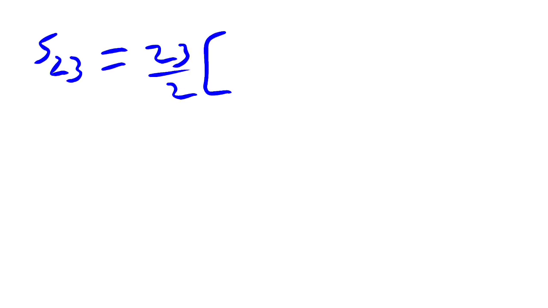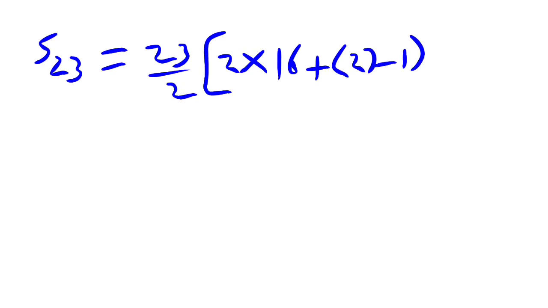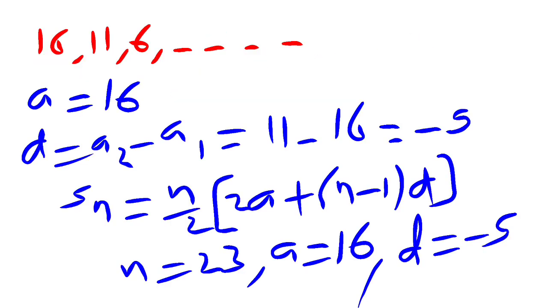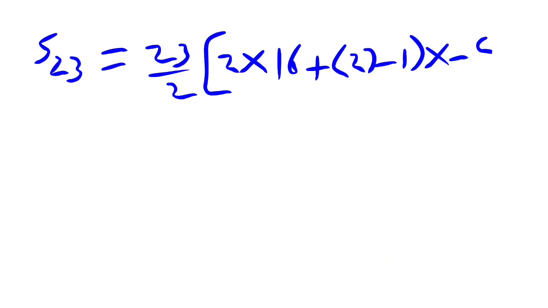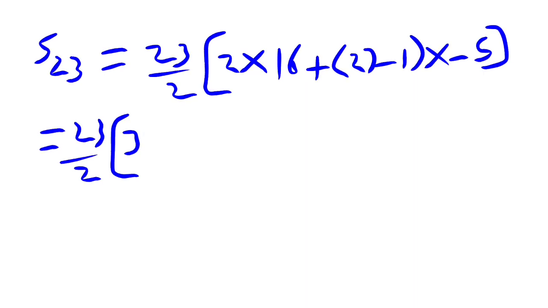Sn will become S23, n by 2 is 23 by 2 into 2a, 2 into 16, plus n minus 1, 23 minus 1, into the d value, which is minus 5. Let's simplify. 23 by 2 into 2 into 16 is 32, plus 23 minus 1 is 22 into minus 5.